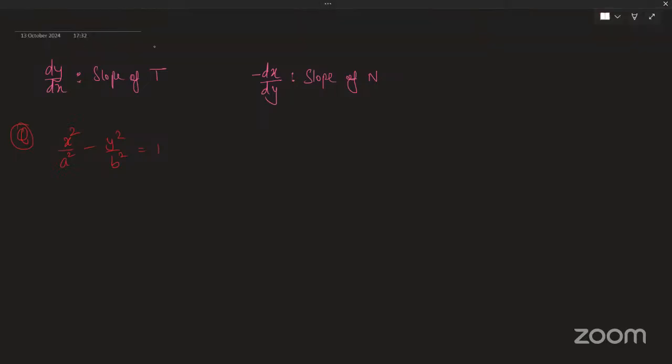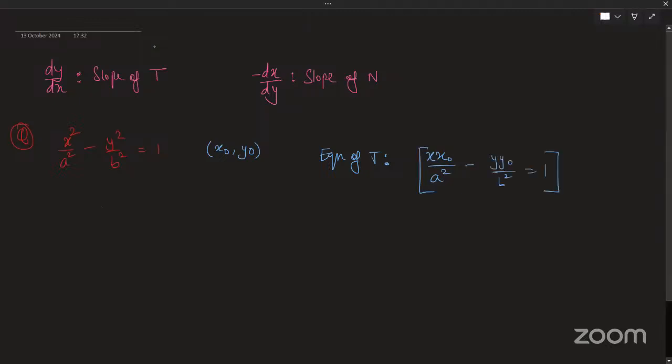If we take any point x naught comma y naught on that hyperbola, the equation of the tangent will be x naught by a square minus y naught by b square is equal to 1. Okay, so this we had derived.